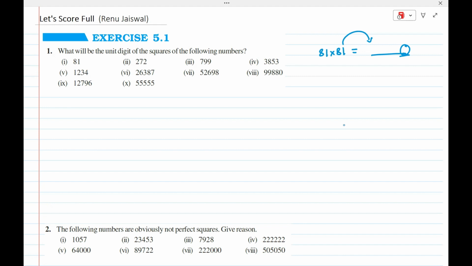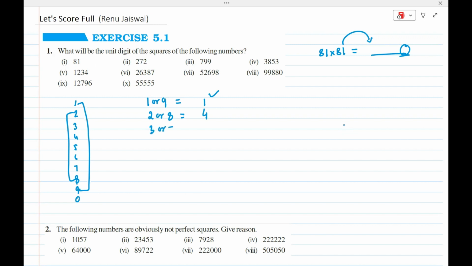What are the properties? Any number can end with digit 1, 2, 3, 4, 5, 6, 7, 8, 9, even 0. Any number ending with 1 or 9, its square will contain 1 in its unit place. 2 and 8 will have 4 in the unit place of the square.